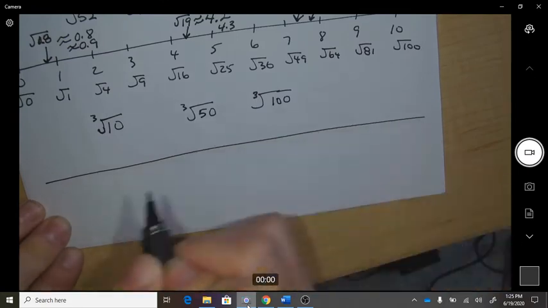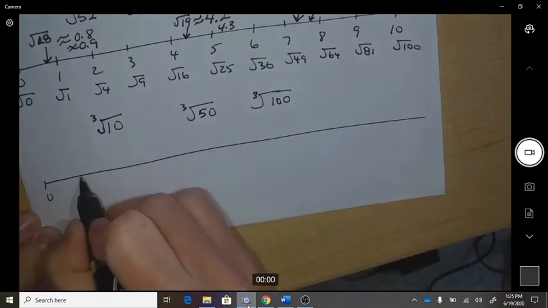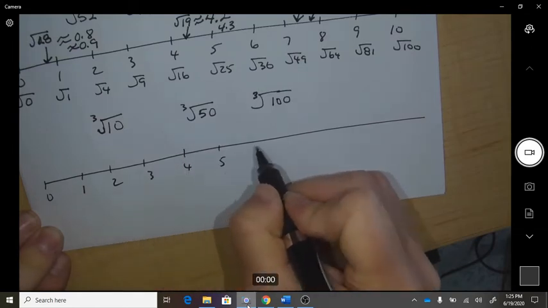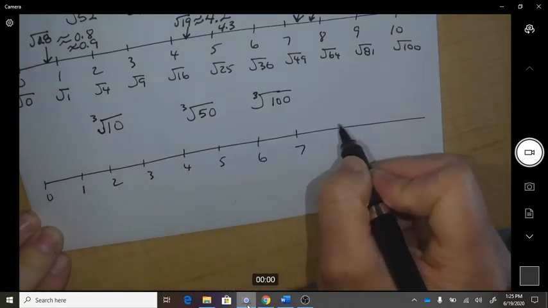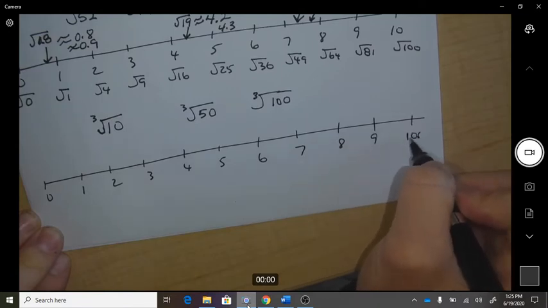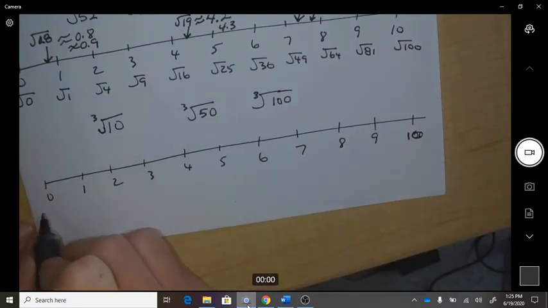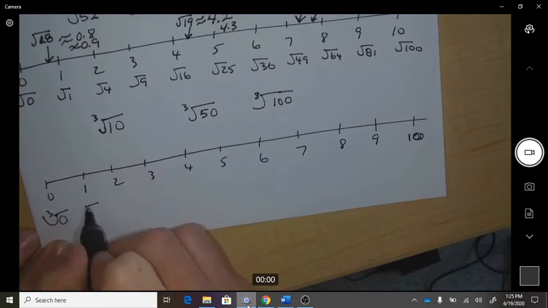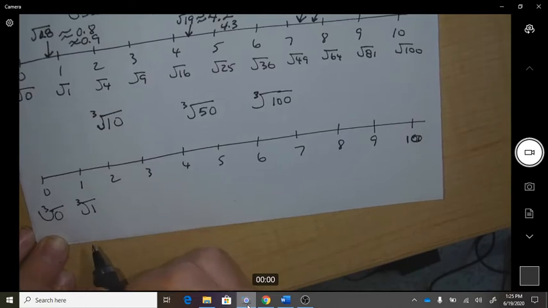So again, I'm just going to make myself a number line here. Okay, so how do you get 0? You would have to cube root 0. To get 1, you'd cube root 1.